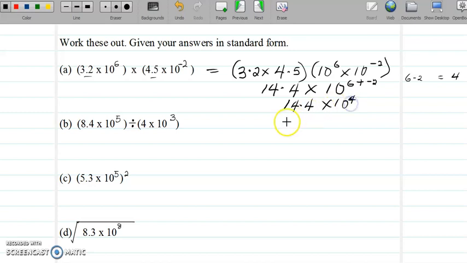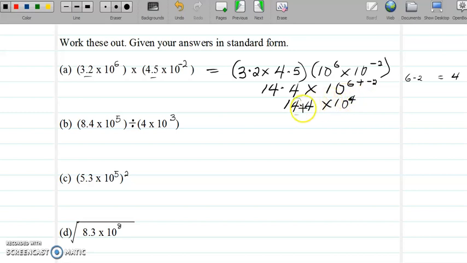But you note that we said that in standard form, the number must be between 1 and 9. So the whole number there must be a number between 1 and 9. I'm not going to leave this because it is greater than 9. So what I have to do is to shift the decimal point by 1 place, and I add 1 to the power.